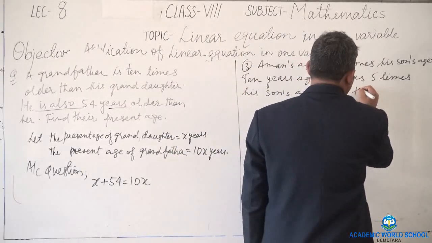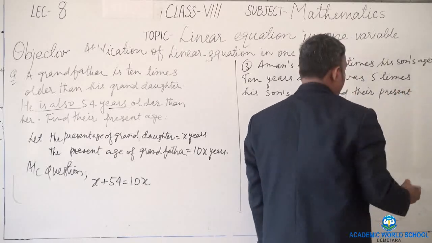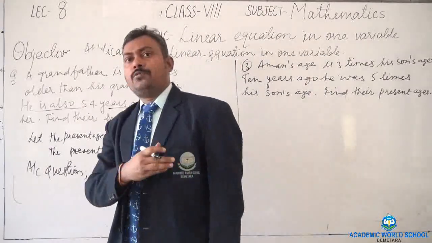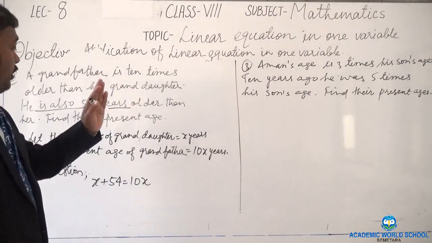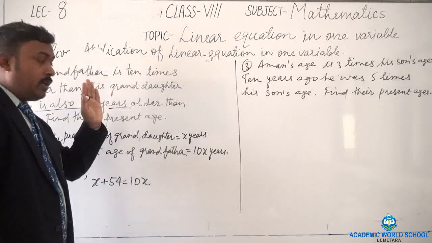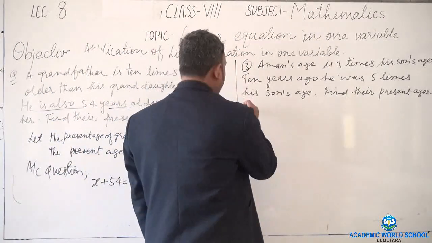So find their present ages. The same thing I am going to do here also. I am going to write the equation for this, and then you will solve the equation and you will get the required value.